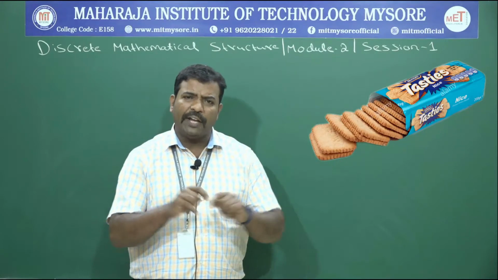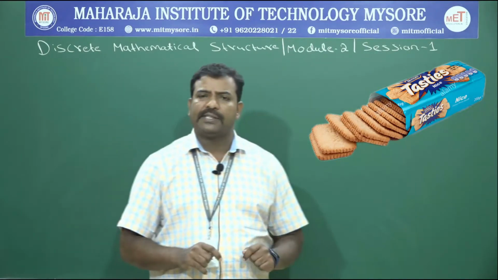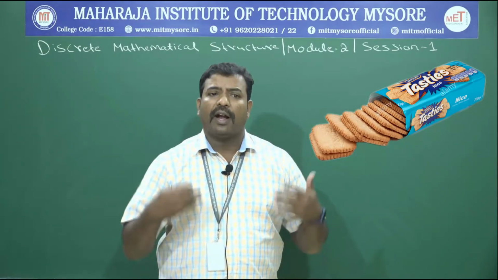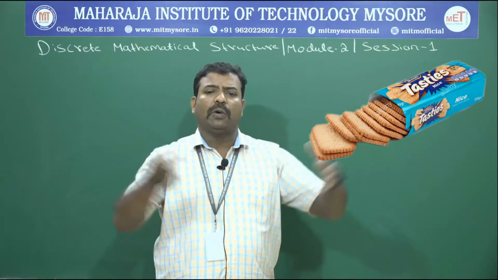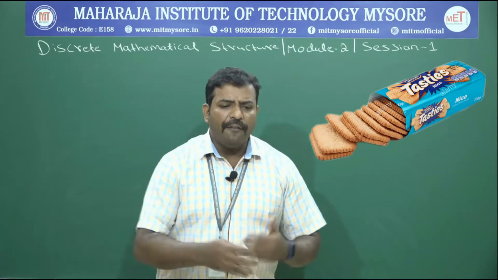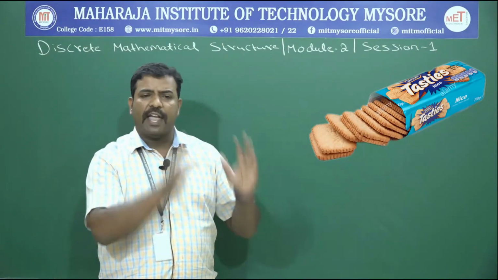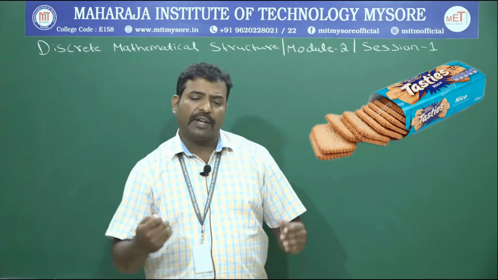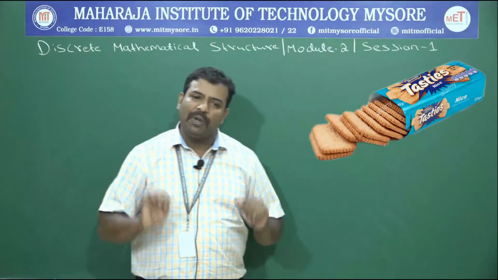Should I eat all 10 biscuits and say, yes, all the biscuits in the packet are sweet enough and taste good? I cannot do that. And if the packet contains 1000 biscuits, or a lakh of biscuits, I cannot pick and test every object, hence I cannot say it's proved. It is time consuming and even economically costly.